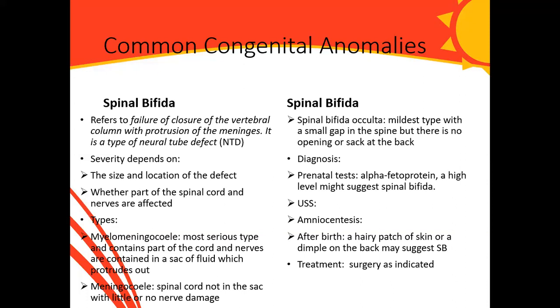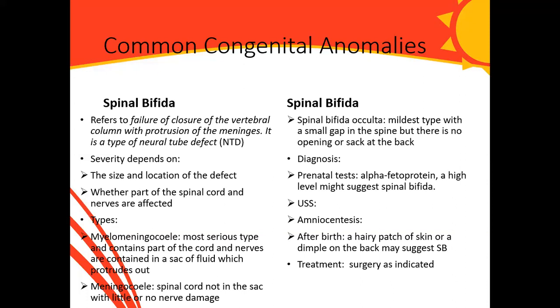There are different types of spina bifida. We have spina bifida occulta, the meningocele, the myelomeningocele. All right, spina bifida occulta is the mildest type, which results from a small gap in the spine without any opening or sac protruding at the back.